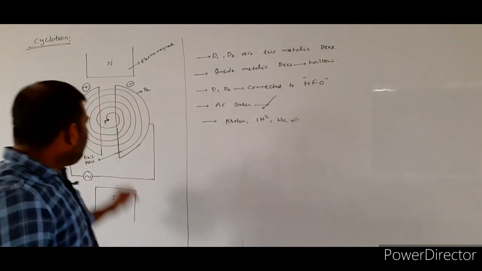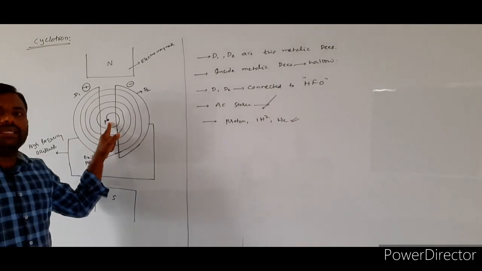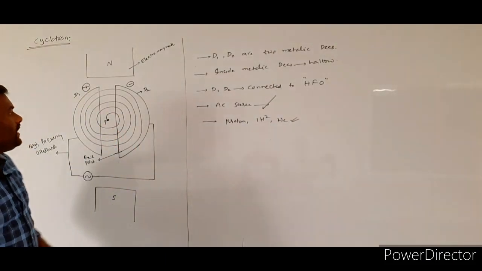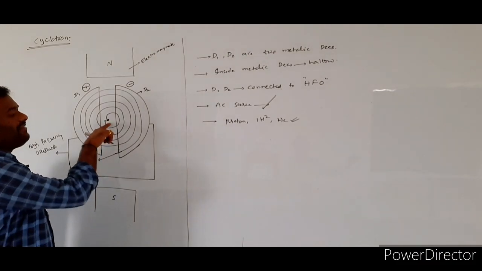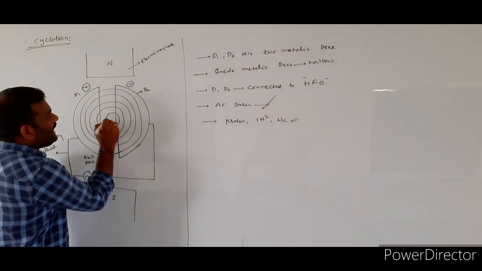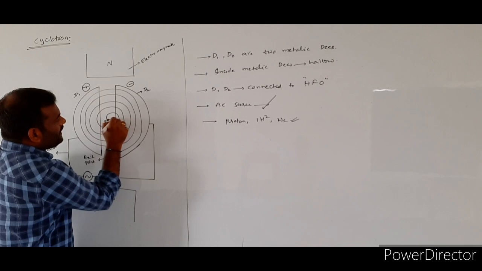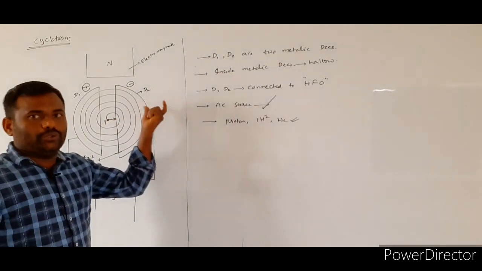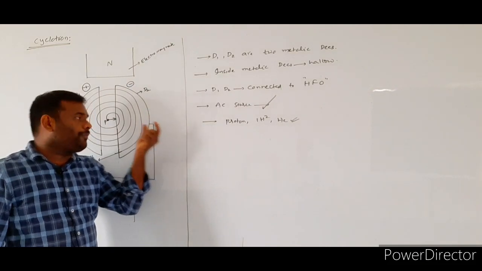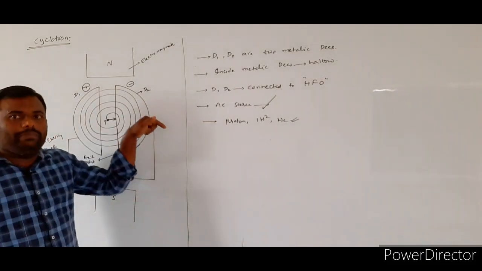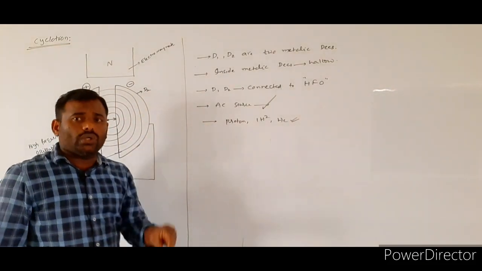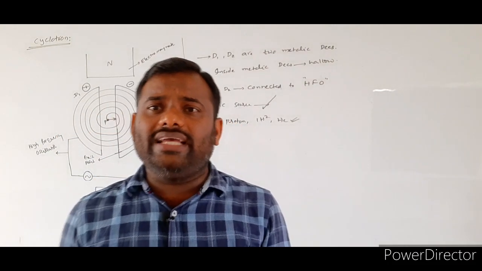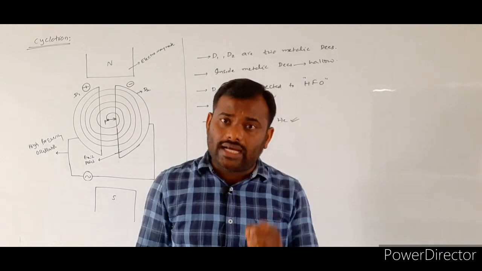And we consider a positively charged particle was kept here, so due to its positive polarity, it is attracted by the second D, D2, which has the negative charge.